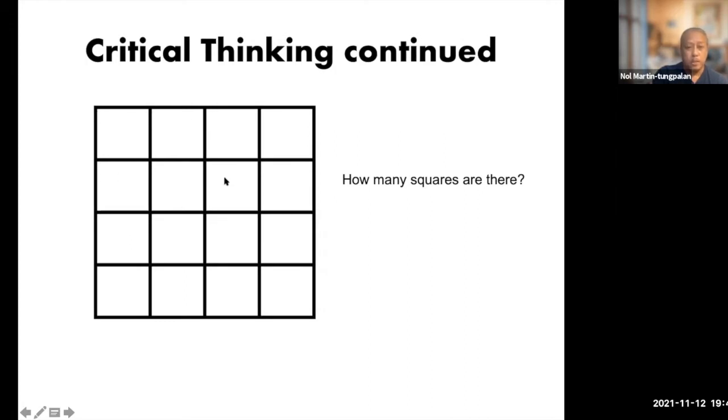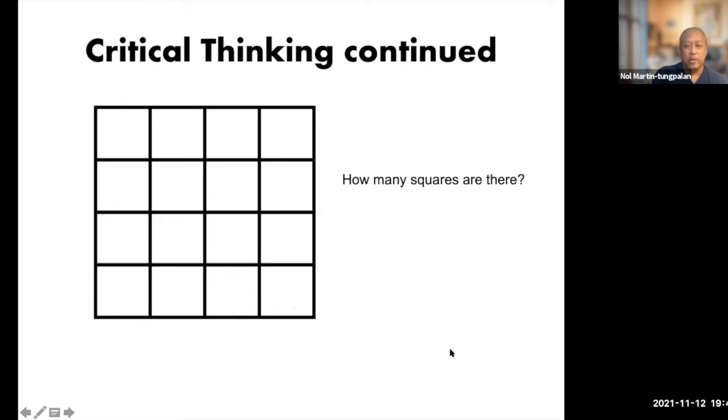So that's 1, and then 2, 3, and then 4. Then you go inside, we said 4, there's 5, here's 5, 6, 7, 8, and then 9. And then you have 3 by 3, so you got 1, 2, 3, and then 4.